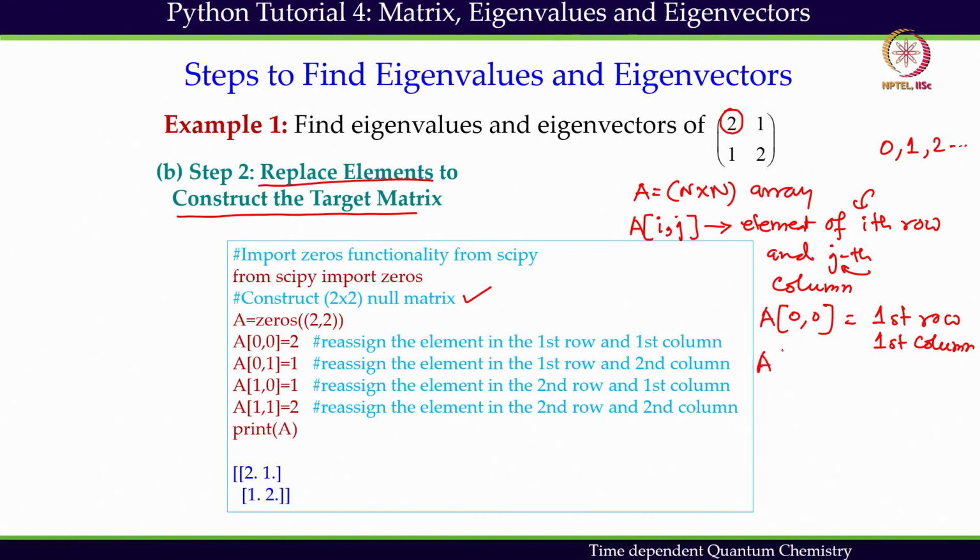Then if I write down A 1 2, it means it is first row and second column. So this is going to be this one, and so on. This is just the way we are going to assign.